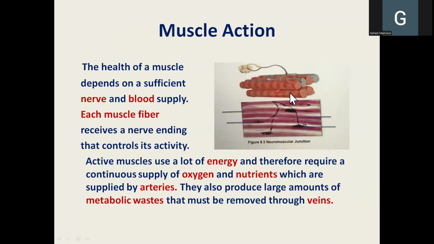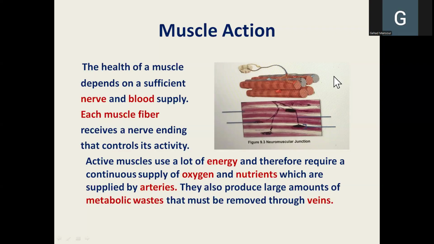Now, in this diagram, you can see that every myofiber is supplied by a nerve fiber and has its own synapse and its own myoneural junction. So the higher the intensity of the electric impulse in the nerve that supplies the whole muscle, the more individual muscle fibers will be stimulated, and therefore the greater the power of contraction of the muscle.